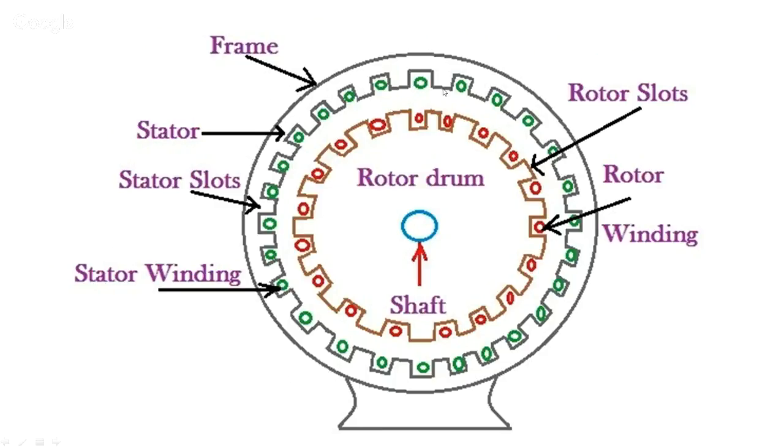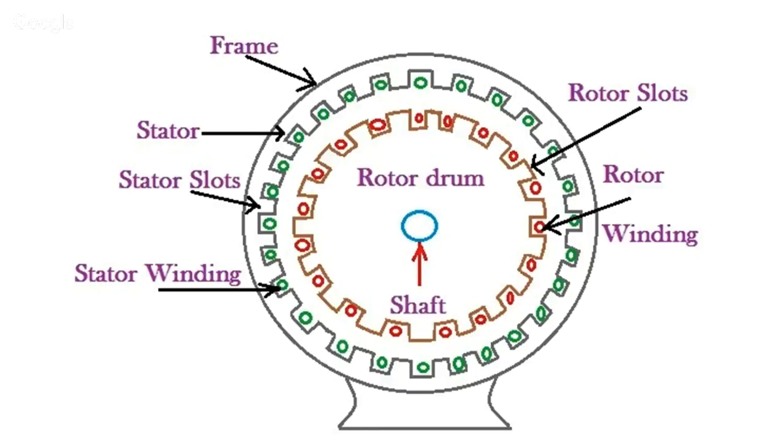Now these slots are made up of a number of laminations, as we have already studied in the transformers as well as in the motors. We have studied what laminations are made out of. It is usually made out of silicon steel.